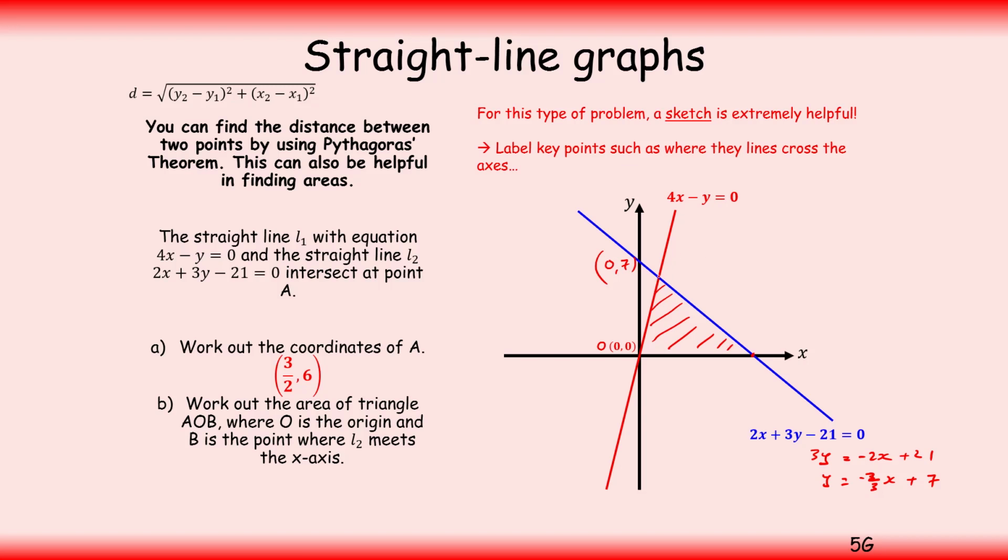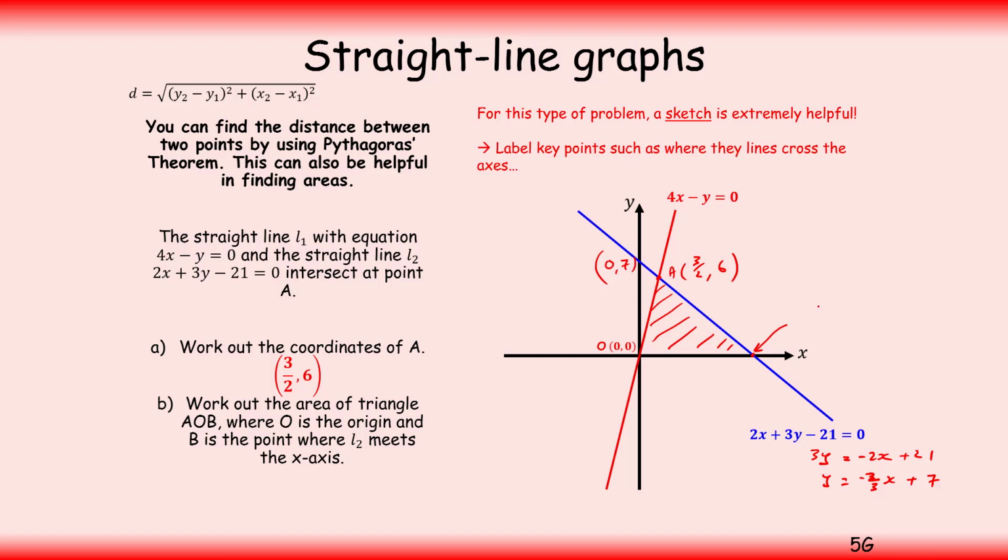Now I know this point here, that's A, which is 3 over 2, 6. So I've got those coordinates there. If I can find this coordinate here, how do I do that? Well, at this point, the y coordinate is 0.